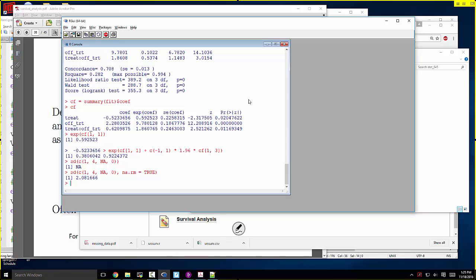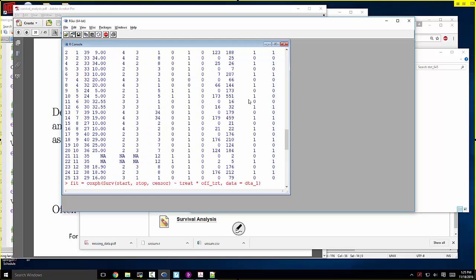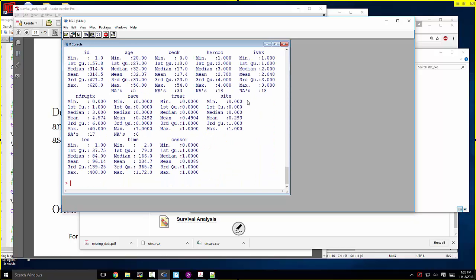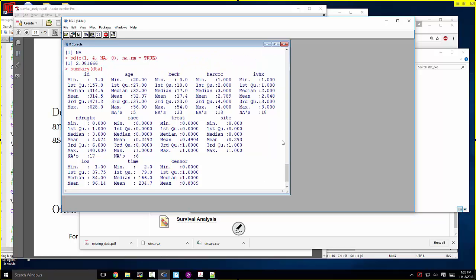If you're doing regression, like with our UIS survival data, there's missing values that are spread out among different individuals.